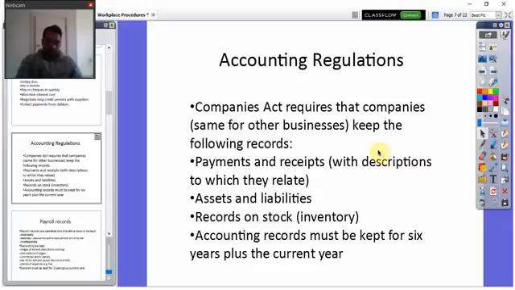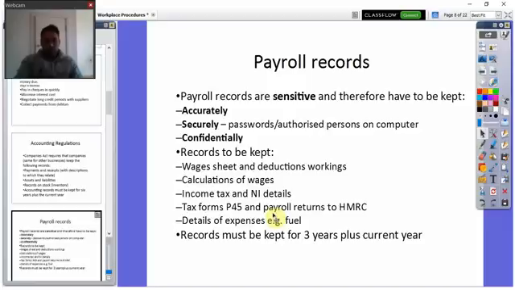Now, obviously, companies keep these records for their financial statements. They keep all these records that go towards making their financial statements, and the records, receipts, etc. need to be kept for 6 years plus the current year in case the Inland Revenue, the tax office, wishes to conduct an audit of your documentation.